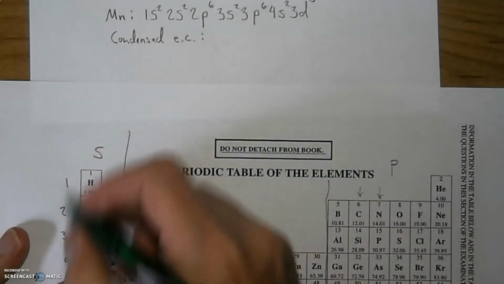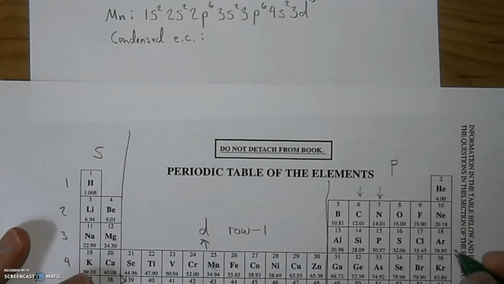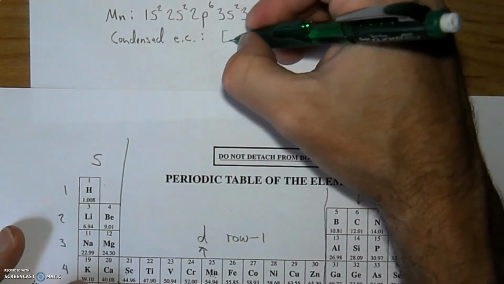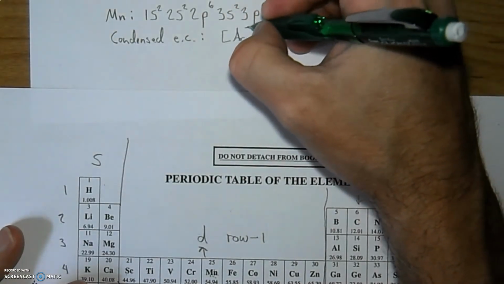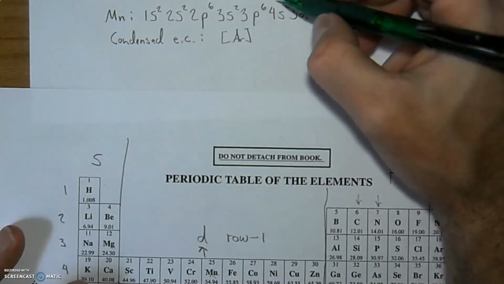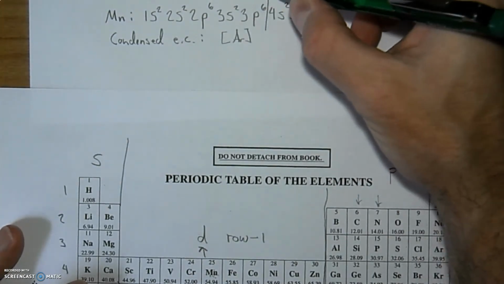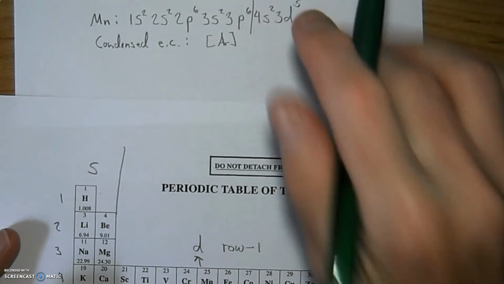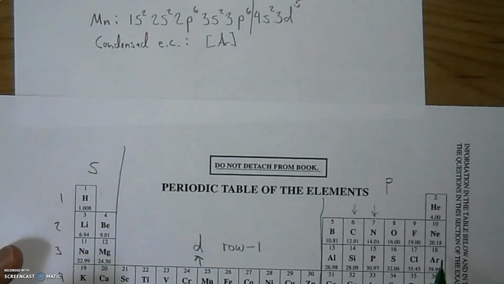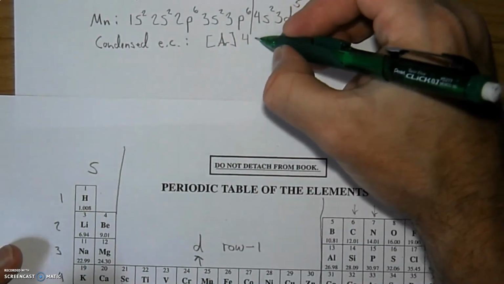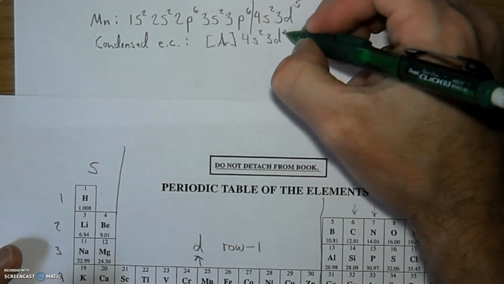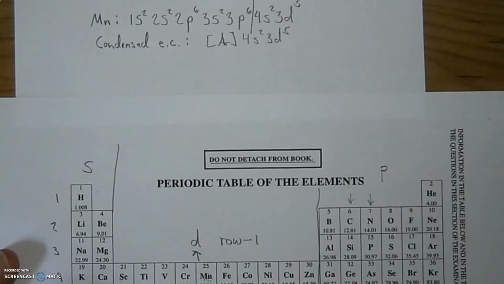If you're reading, this would be the end of the line. This is what sums it up. So I can also write argon. Argon is equal to all of this stuff over here. And then I just begin in the next row. Argon took care of everything else. And then I simply write 4s2 3d5. That's the end of the line.